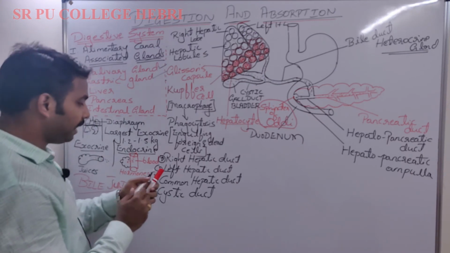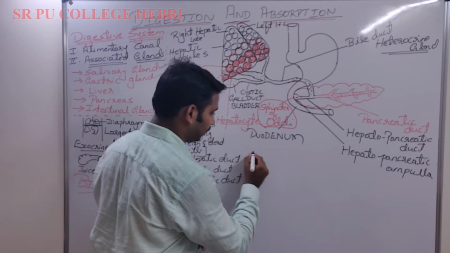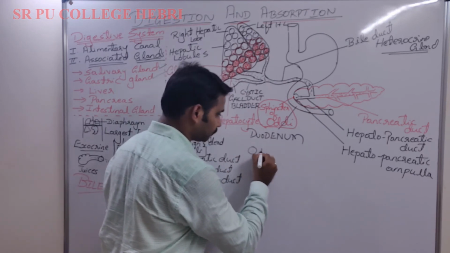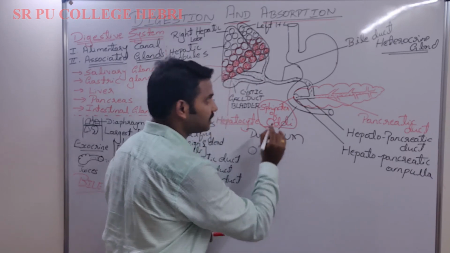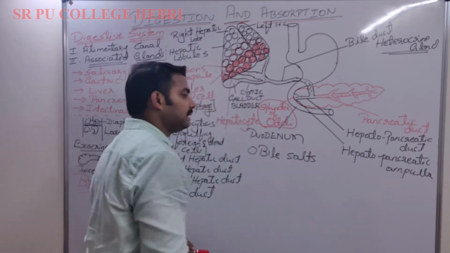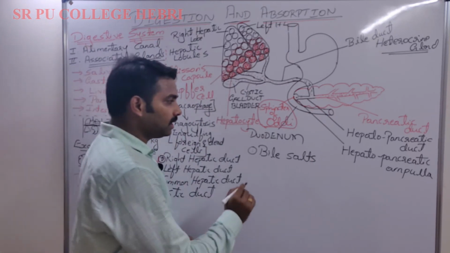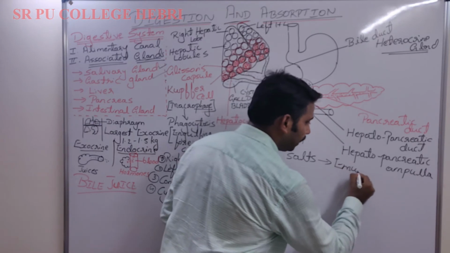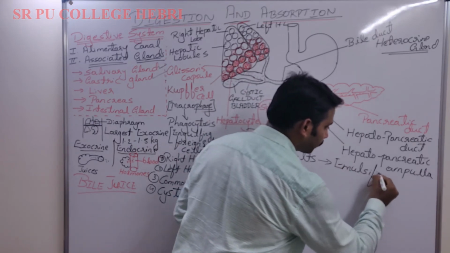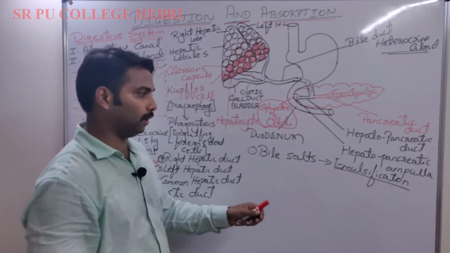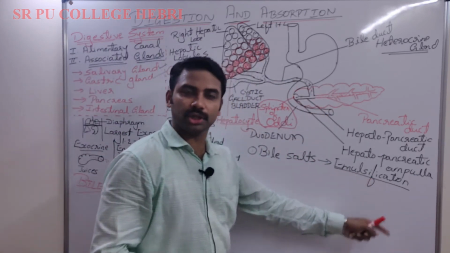Bile juice is mainly made up of, number 1, bile salts. What is the function of bile salt? Bile salt helps in the emulsification process. Write down, what is emulsification?